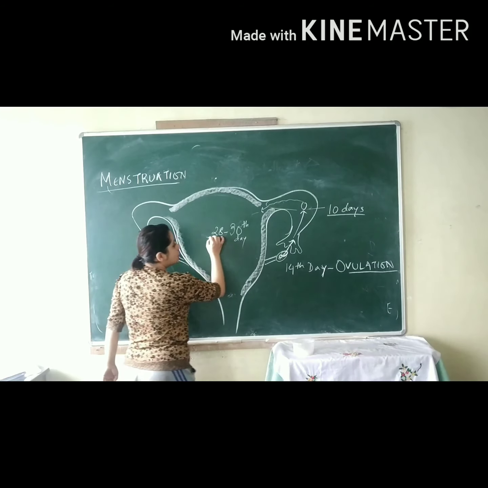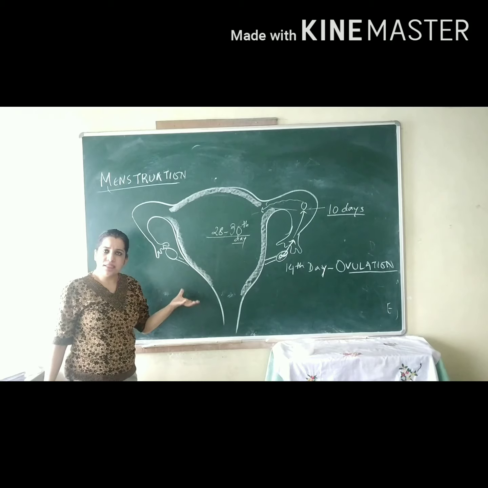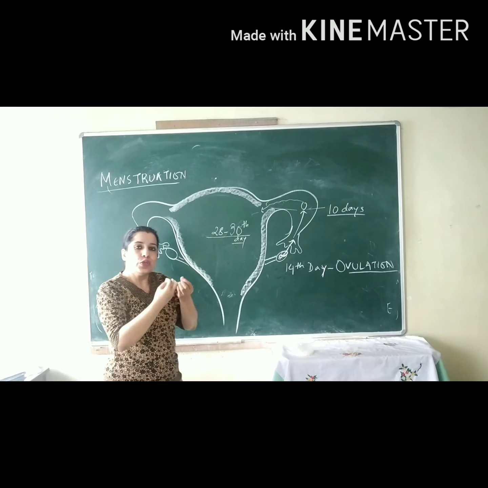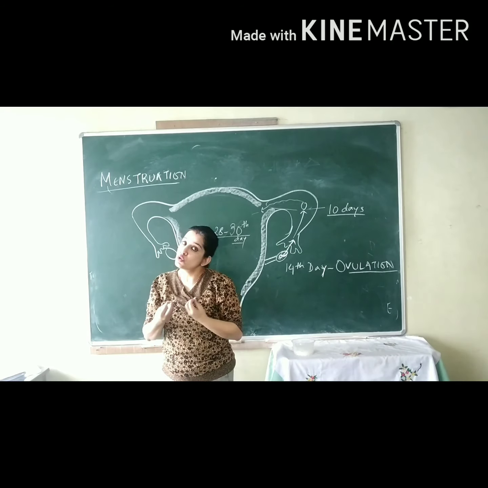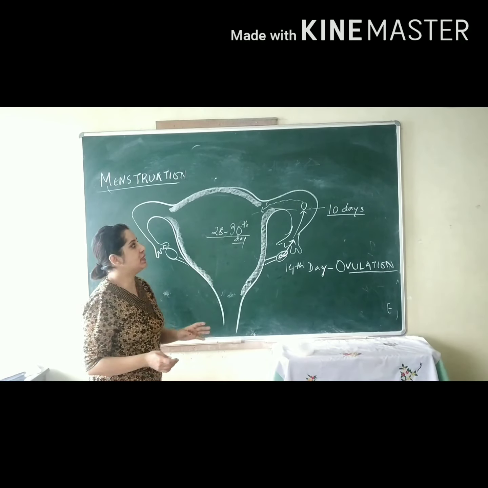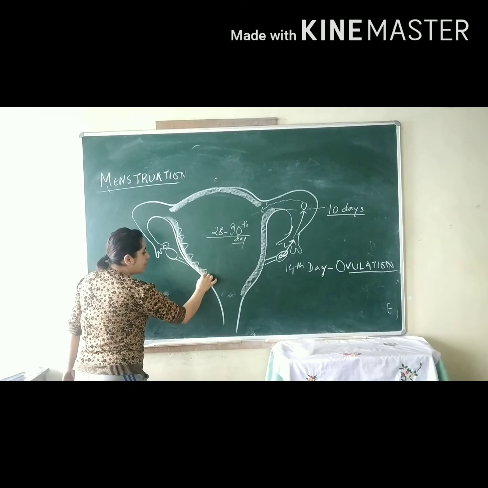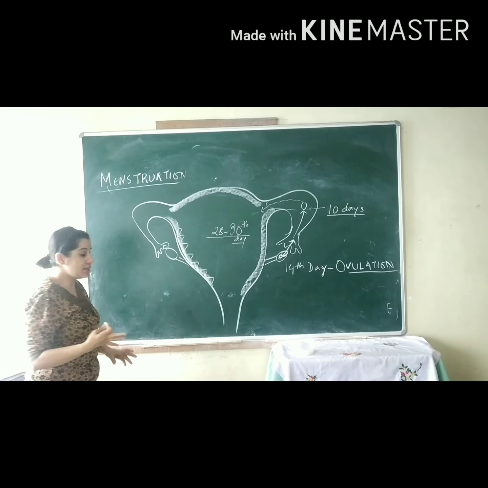So by the 20th to the 30th day, what happens? Since there was no fertilization, no zygote was formed, that means no development of baby takes place. So now this uterus had prepared itself to receive the baby, isn't it?